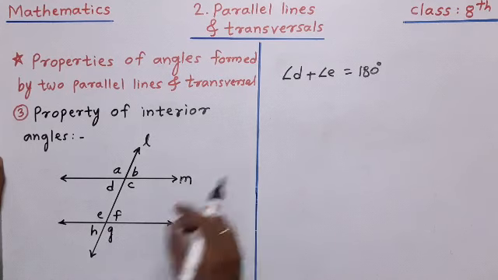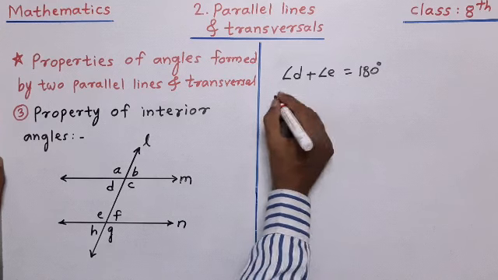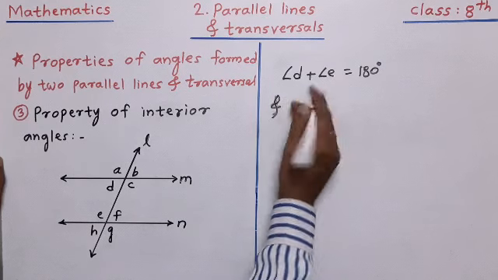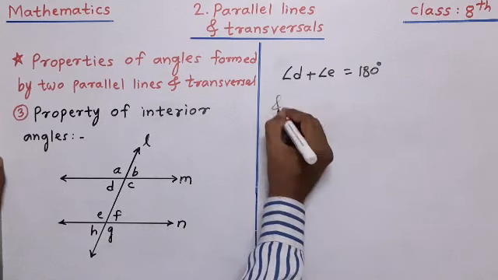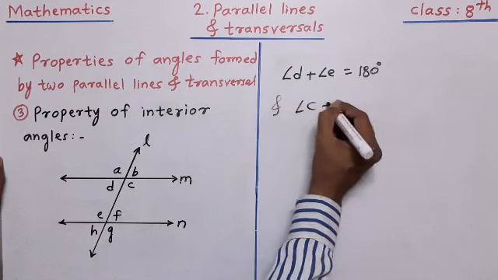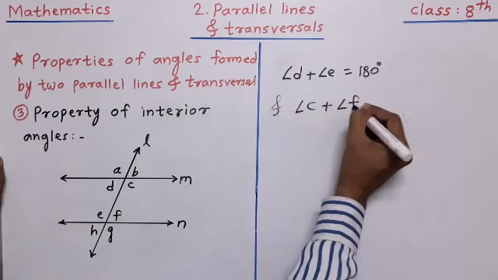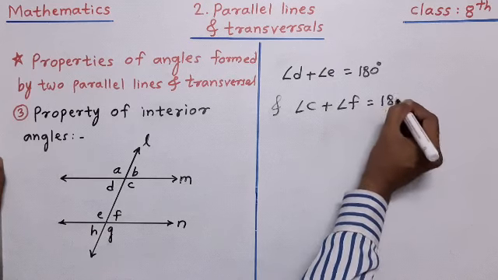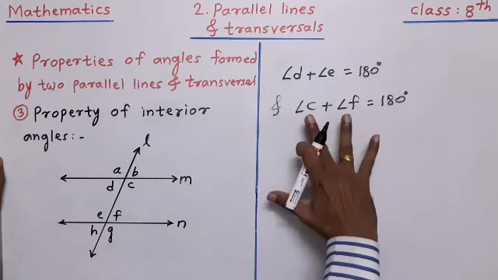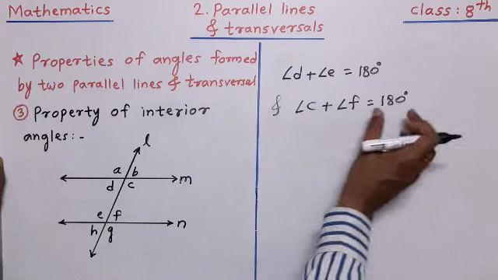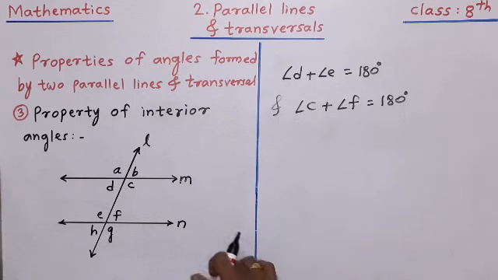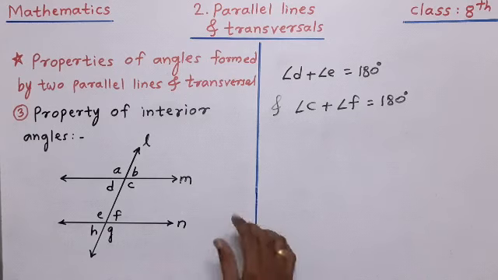Also, for the second pair of interior angles, we can write angle C plus angle F is equal to 180 degrees. This is the second pair of interior angles, which is also supplementary. So this is the meaning of the property. Let us revise it again.